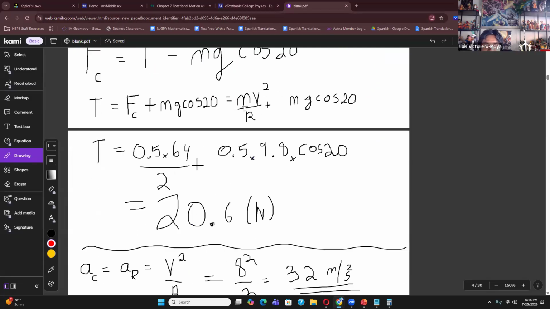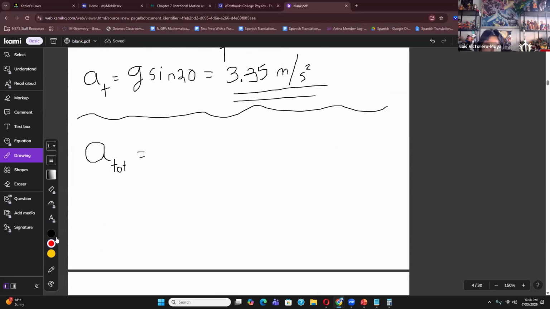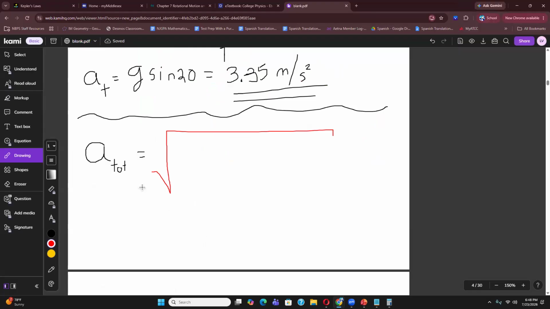So how do you find the total component? What do you do? Pythagorean theorem.